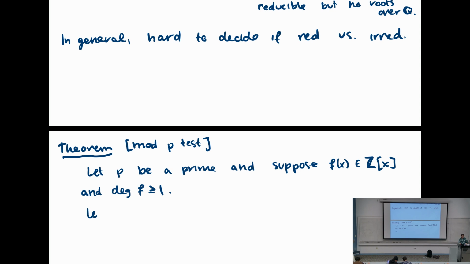Then I'm going to let f bar of x be the polynomial in Z mod p obtained by just reducing the coefficients of f mod p.